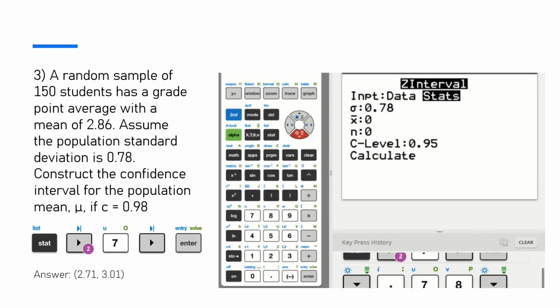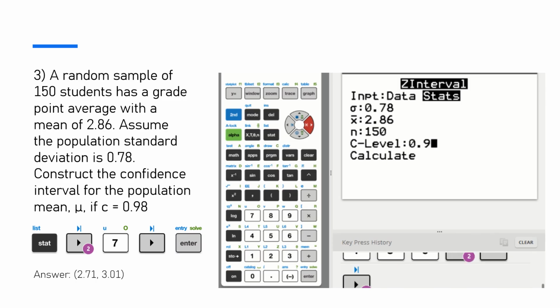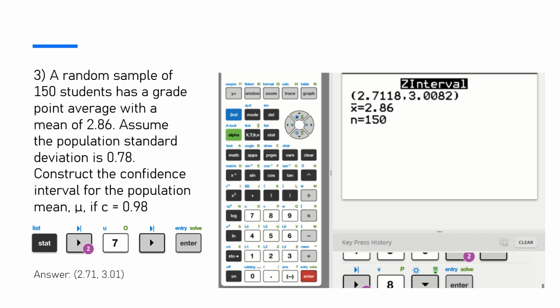Our mean is 2.86. And our N is 150. Let's see, confidence. Let's change this to 0.98. Calculate. And then we get this answer, but watch your rounding because your answer should be rounded to 2 decimal places, and it gives us enough information for that.